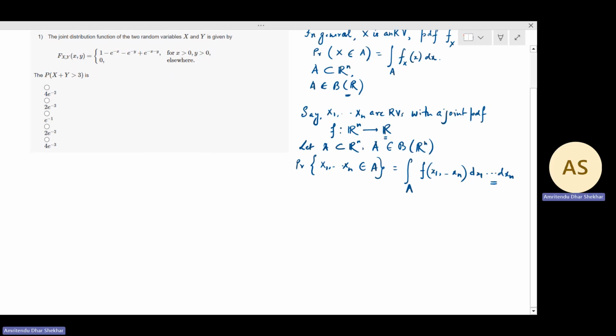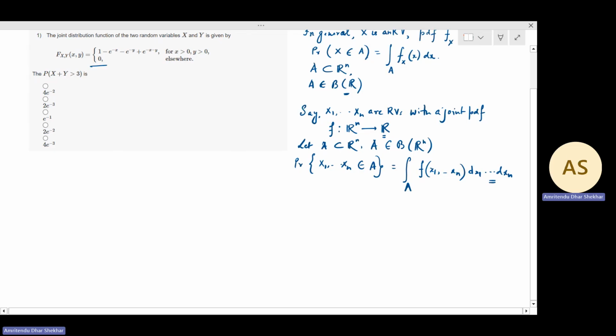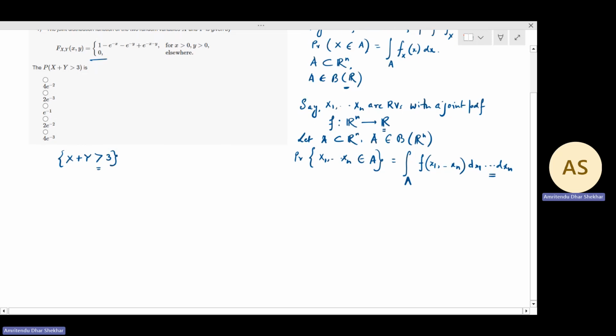So now coming back to this problem, we are given two random variables x and y, and the event whose probability we want to compute is this event, which is that the sum of these two random variables is greater than 3. The first step over here is computing the joint PDF of x and y. This is step 1.